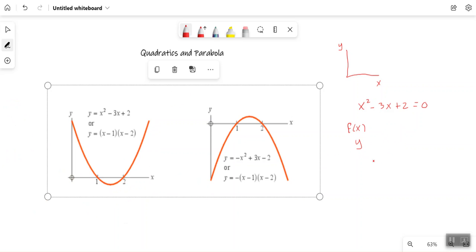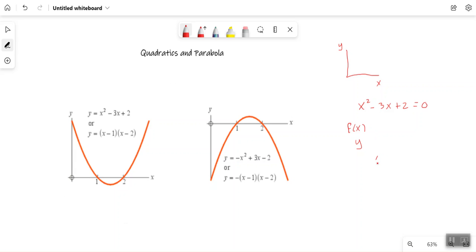Then if we get the roots, we can factorize it, the way we've been factorizing, and we end up with the factors. The factors for this quadratic would be x minus 1 multiplied by x minus 2. These are the factors for this particular quadratic. Then to get the roots, we say this is equal to 0.